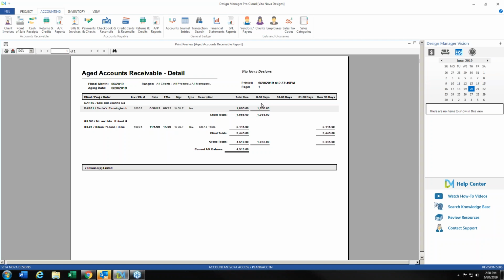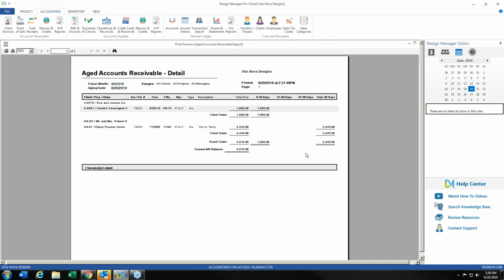You can see the total amount due, and then these different columns with the different days. Ideally, anything outstanding is over here. Anything over 90 days, the chances of actually collecting it drastically decrease.